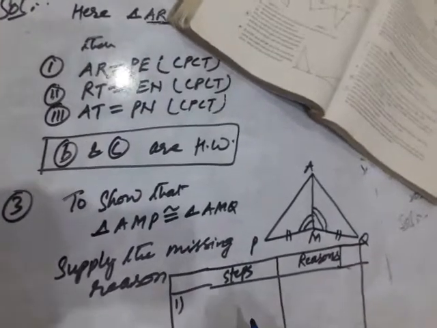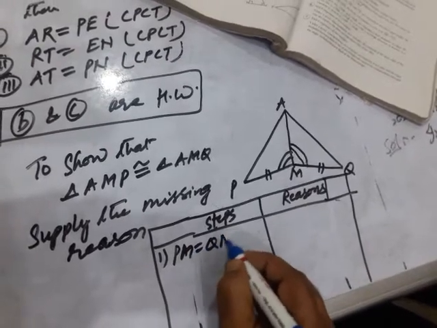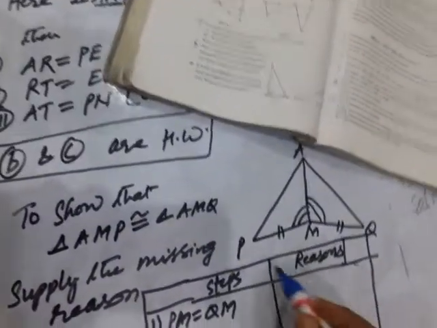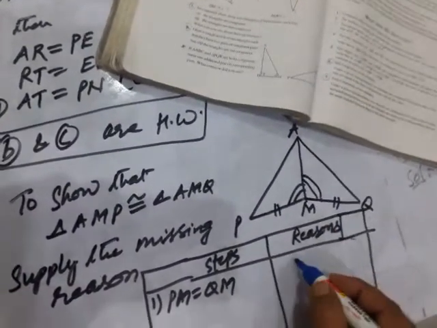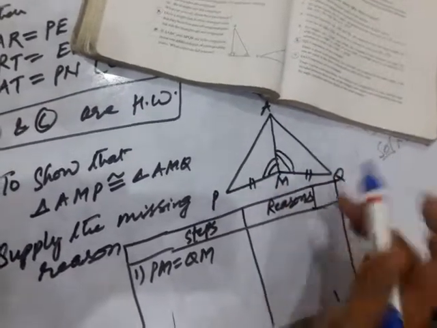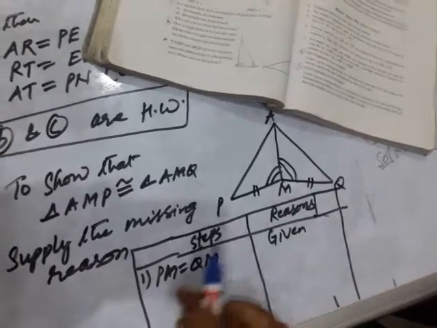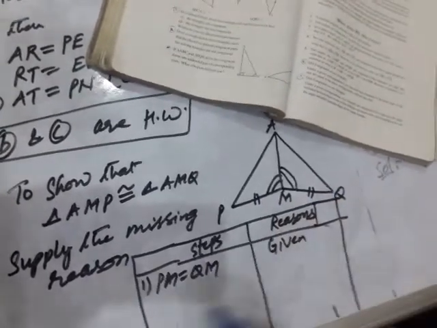See, it is given that the first one is PM equal to QM. It is given in the table, PM equal to QM. Clear? What is the reason? PM equal to QM, that is given, because similar equality has been shown with the similar marking. That is given in the question.